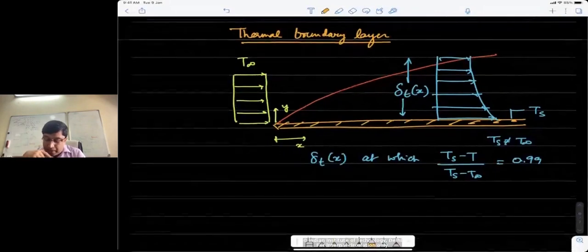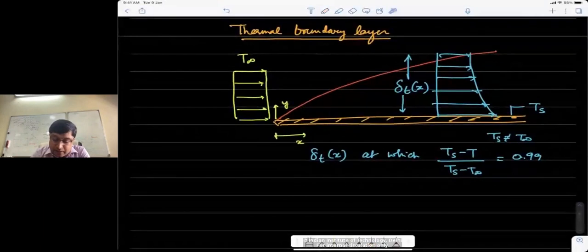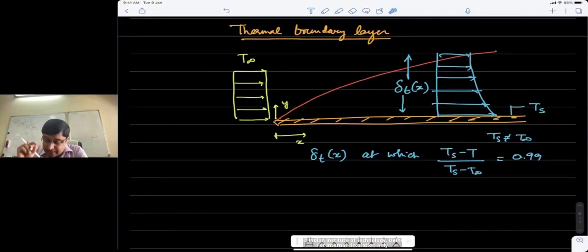Okay, but what happens right at the surface of the boundary layer at this location? So at the surface of this plate, where the fluid particles have all been brought to a halt, they've come to a rest, at that location there is no bulk flow, and so heat transfer from the solid, which is a wall, to the fluid happens only because of conduction.